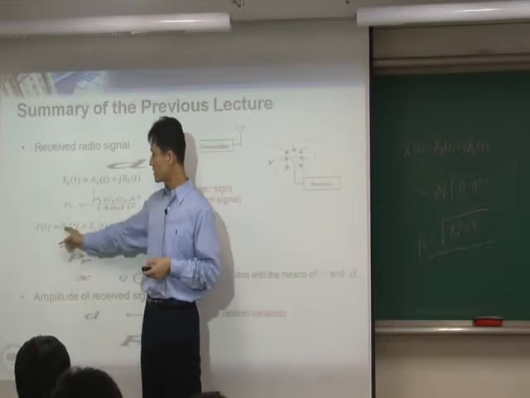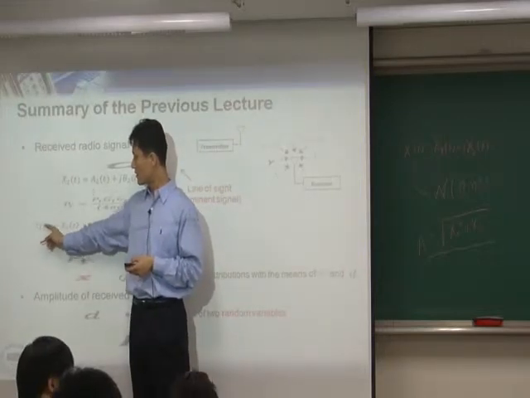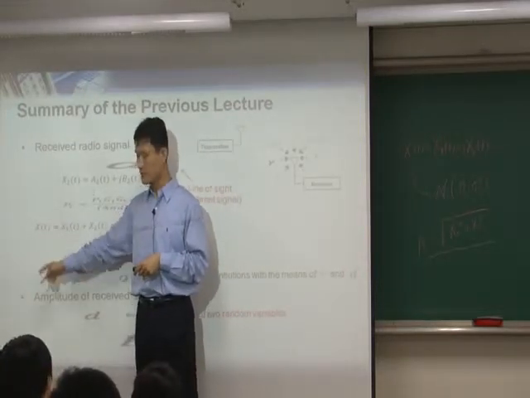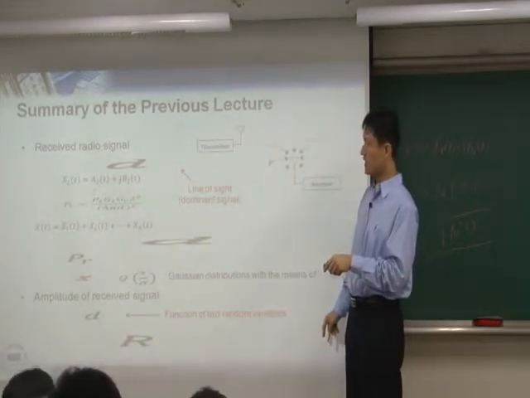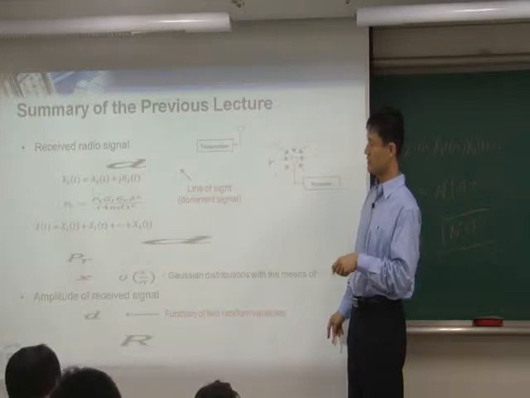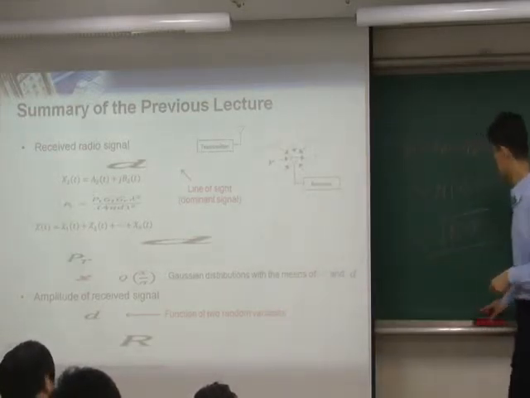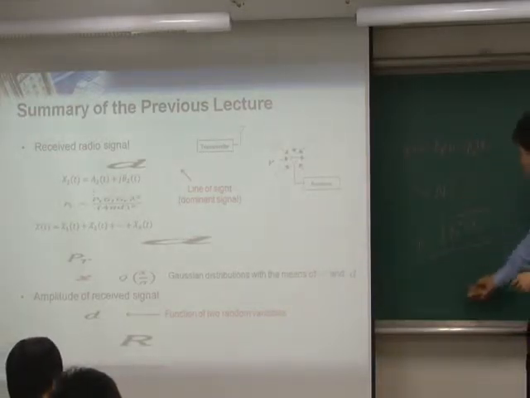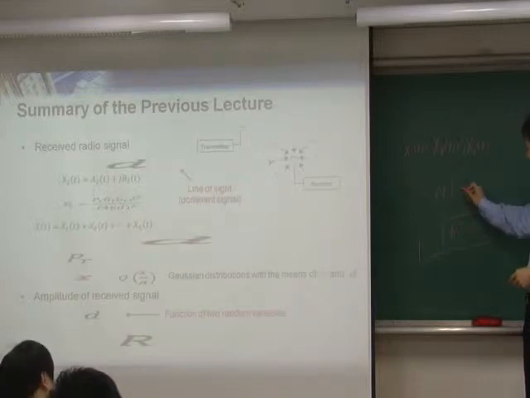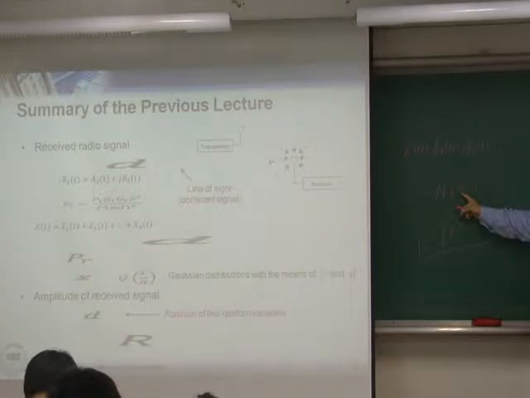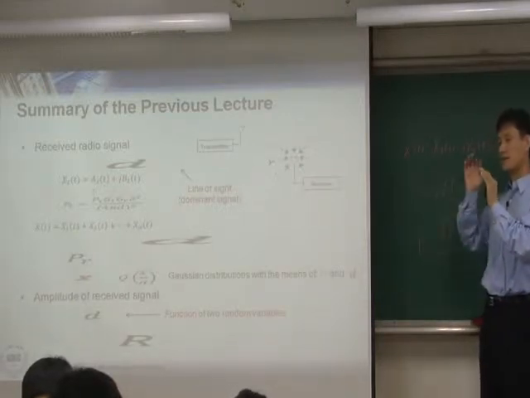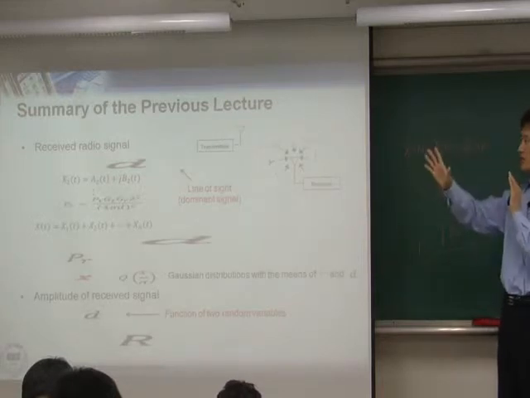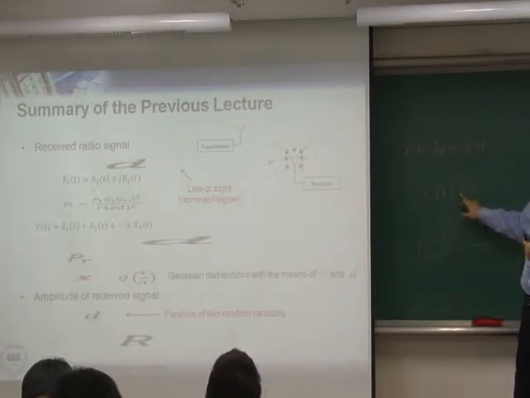So adding all these things eventually results in this x(t), which is the addition of all these different random variables, and it would be non-zero mean Gaussian. The only difference here is that this one now is not zero mean, but has a certain mean m, and this mean would be the strength of the line of sight. If you have a very strong line of sight, that means you have a high m.